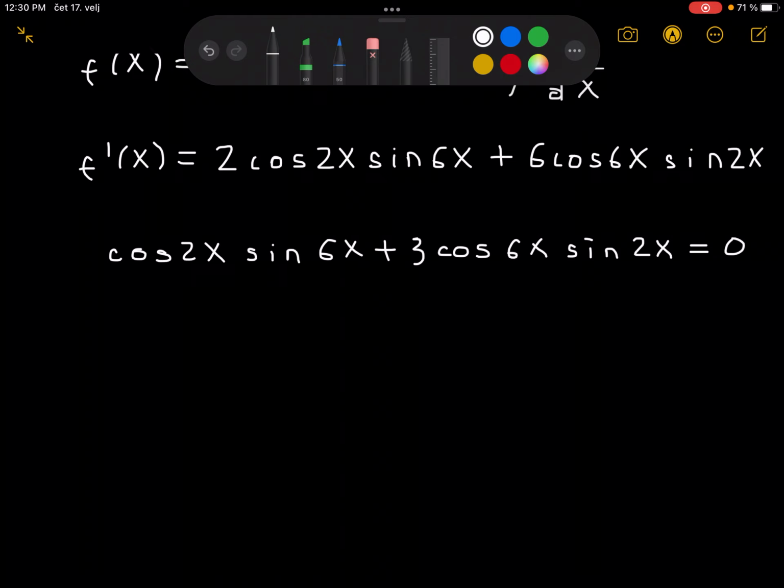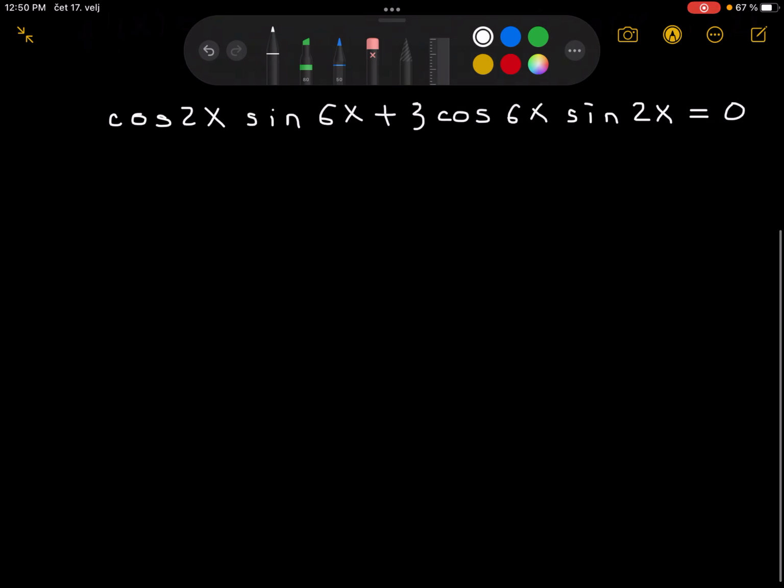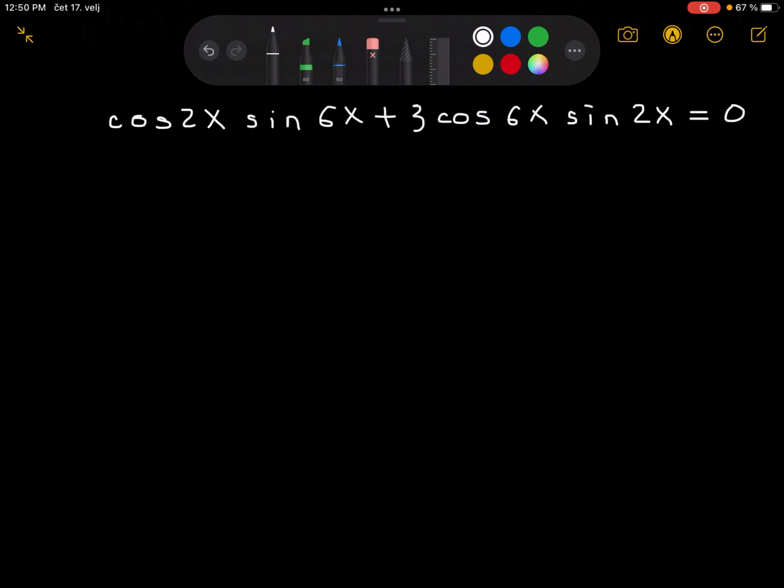Okay, so how can we solve this equation? Well, this would be a good time to transform these products of sines and cosines into sums or differences.